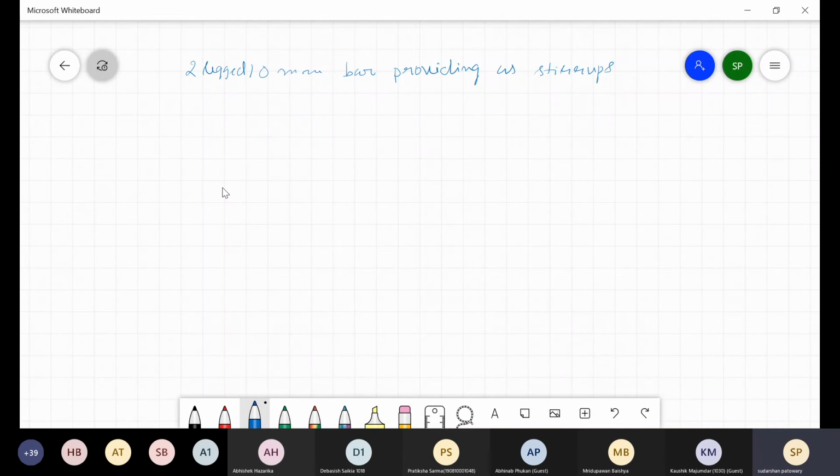Clear? So Asv, the area of the stirrups, is how much? 2 into pi by 4 into 10 square. Why 2? Because I am using two-legged.